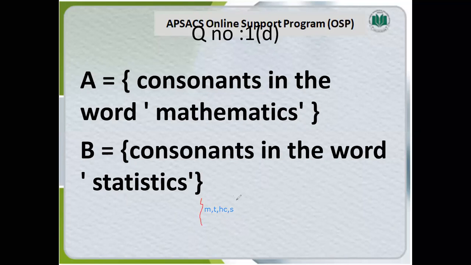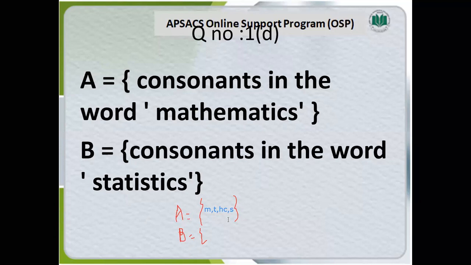Okay. These are the consonants of set A. Now, who will tell me the consonants in set B? Ma'am, S. Good.